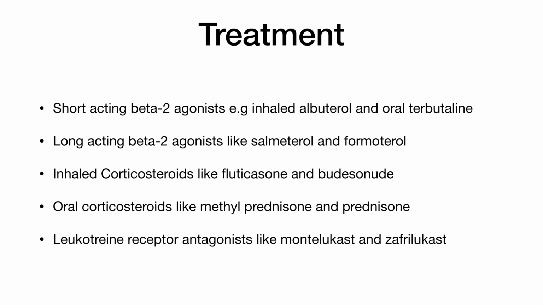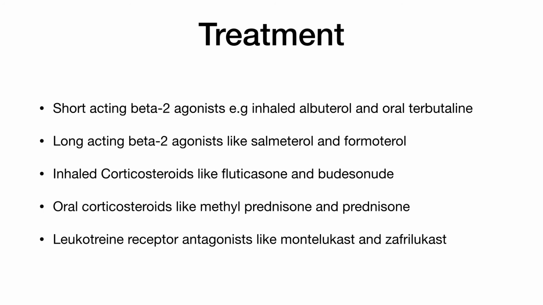Inhaled corticosteroids work by inhibiting transcription factors and decrease inflammation. They are also used for long-term maintenance. Oral corticosteroids are used in severe persistent asthma. Inhaled corticosteroids only take effect after being used for 1 week.